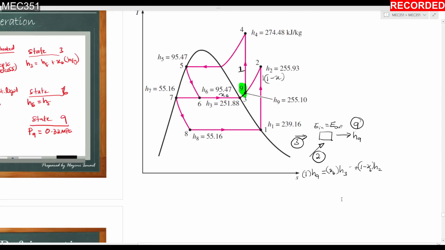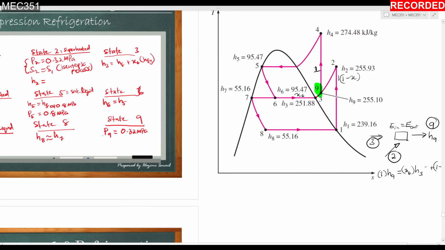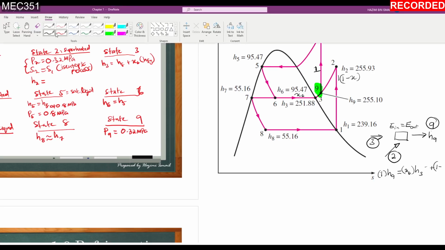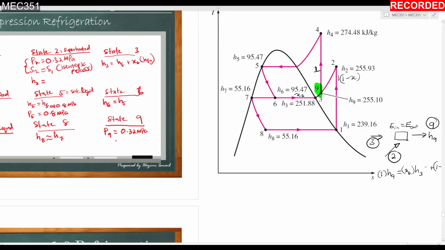Okay, so to get the value of H9, you have to use this equation.